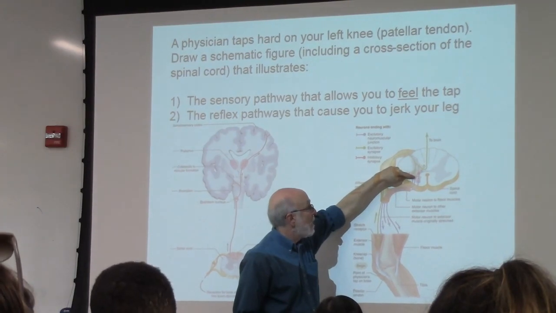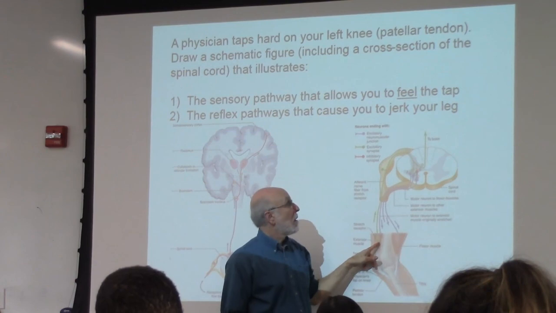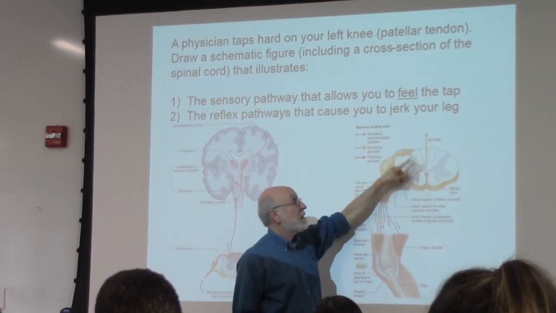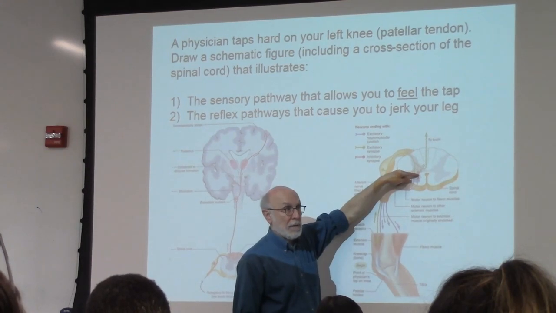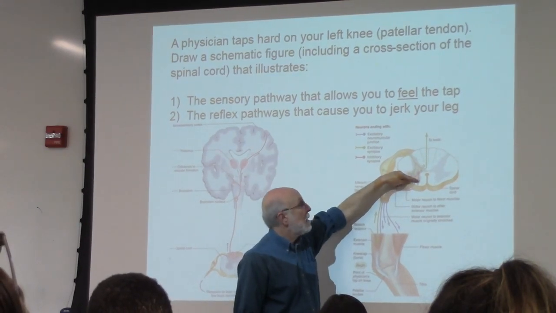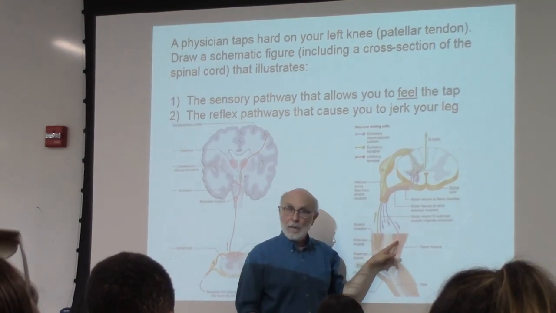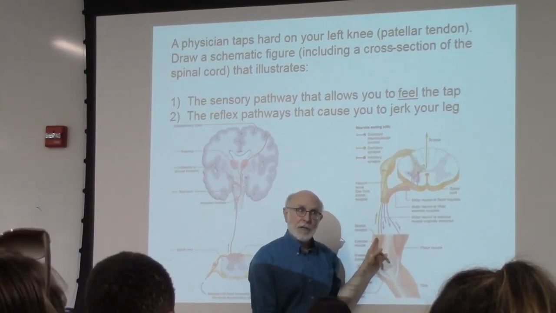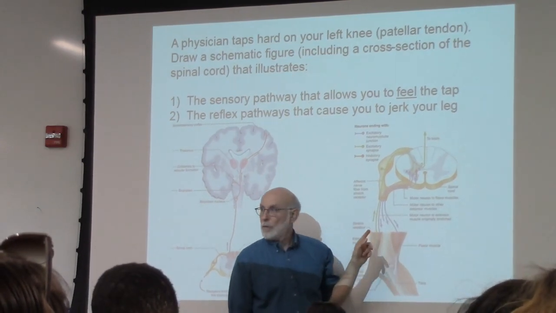Excitatory synapses on ipsilateral extensors, and an excitatory synapse on an inhibitory interneuron, which inhibits the contraction of the ipsilateral flexors. Stimulation of the extensors, relaxation of the flexors, jerking.